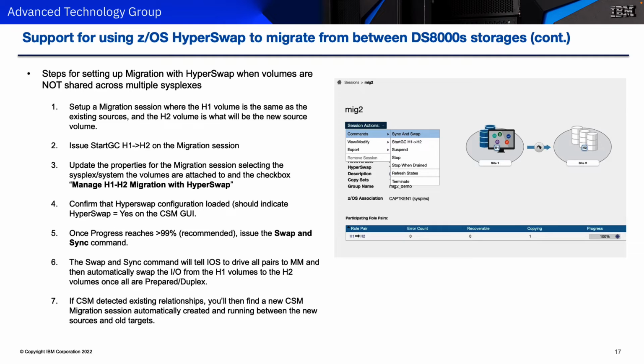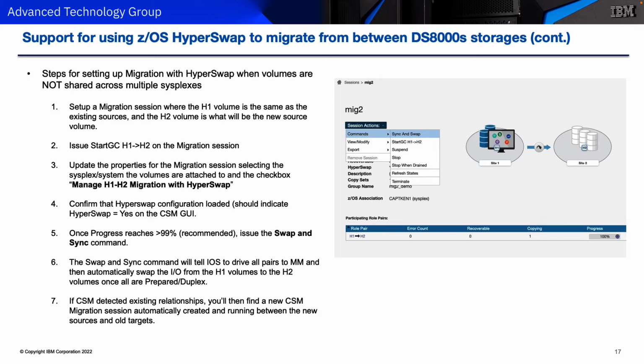The other case is where customers share particular volumes across sysplexes. That case becomes a little more difficult. However, this solution does cover it, which I'll cover on the next slide. But in the case we're talking about here, all volumes are simply attached to a single sysplex or monoplex, and you can set that up.